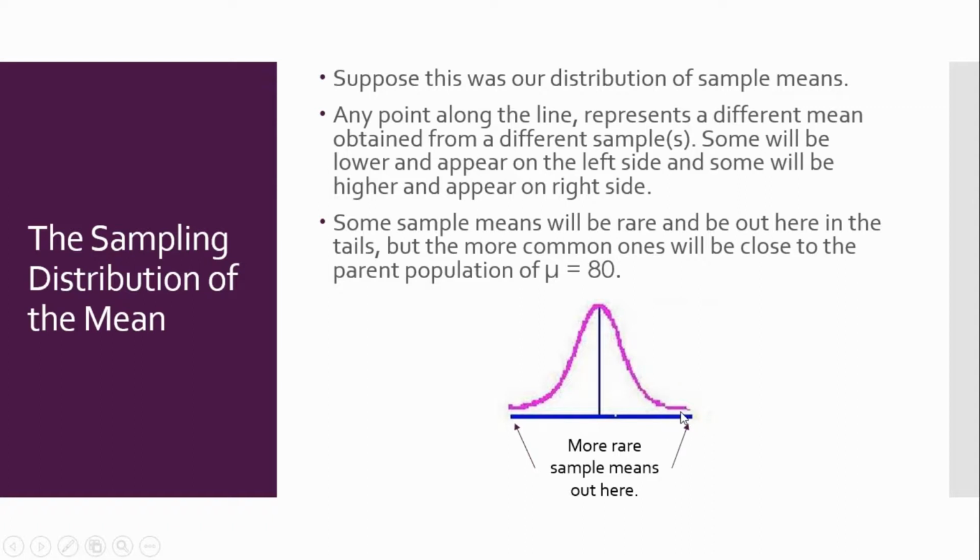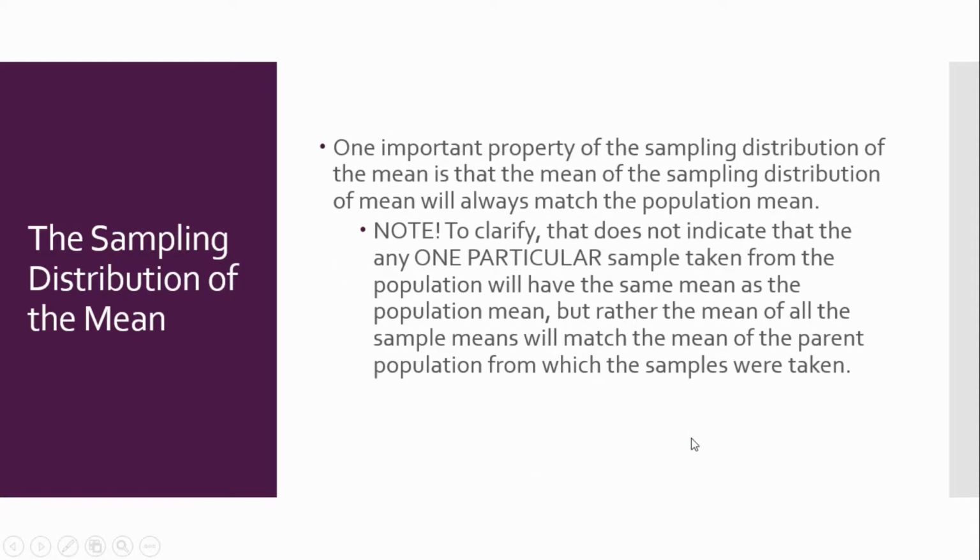And just by chance, sometimes we're also going to get 10 students that did really poorly, and so we'll have some sample means that will be really low. These are going to be pretty rare, but they will occur, okay? But most of our sample means will be near the parent population mean of 80, okay? But the point is this forms a normal distribution, okay? This sampling distribution of the means is normal, and there are low scores and high scores.